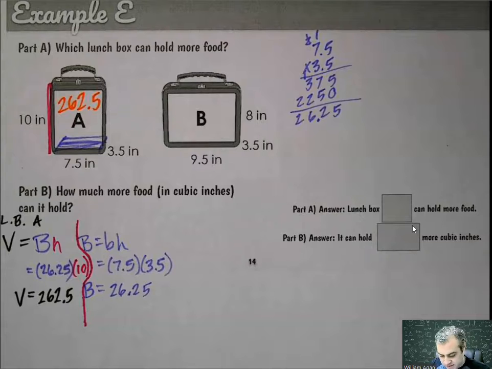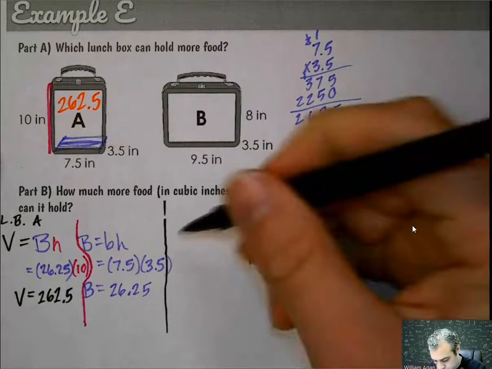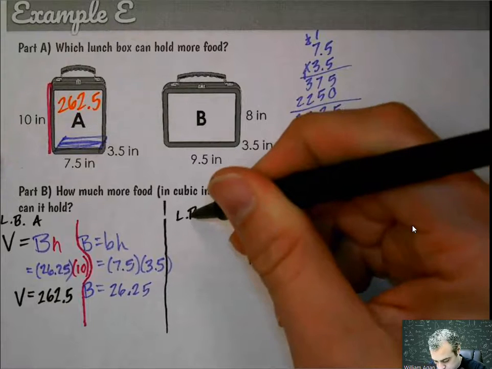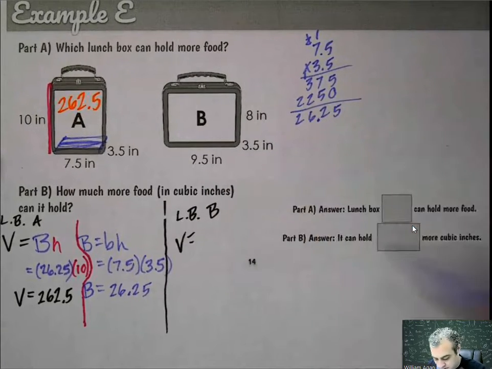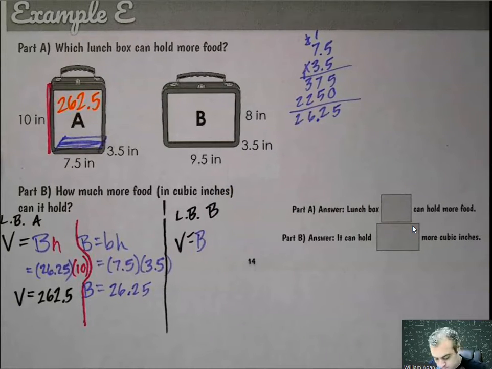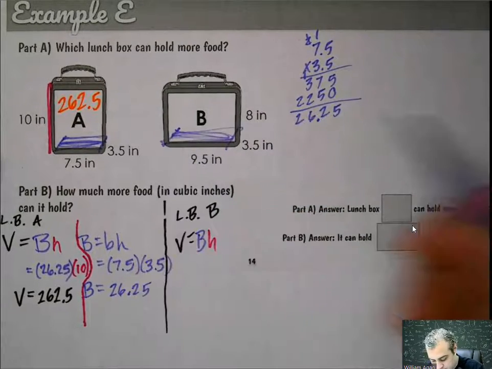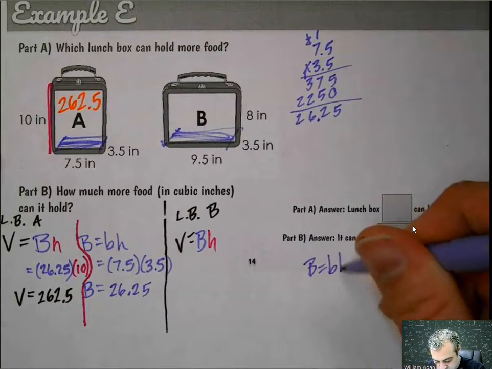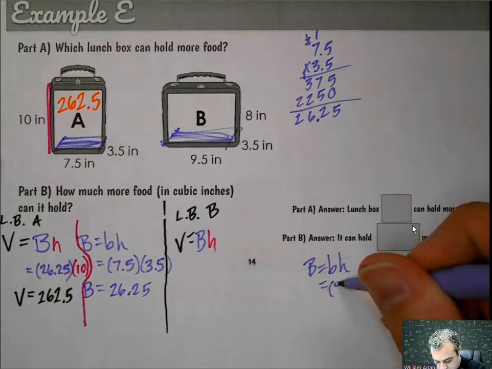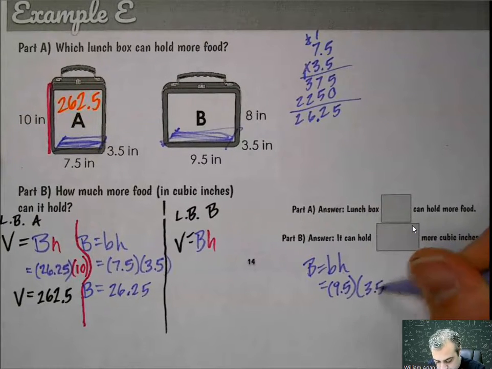Okay, now let's look at lunchbox B. Volume equals big B times H. Big B is the area of the base. That's going to be right in there. That's base times height. The base is 9.5 times the height is 3.5.